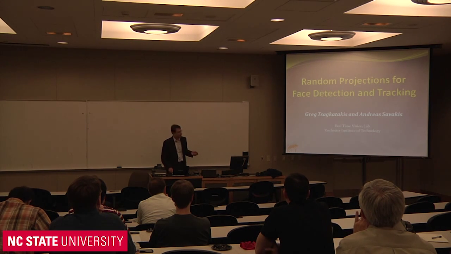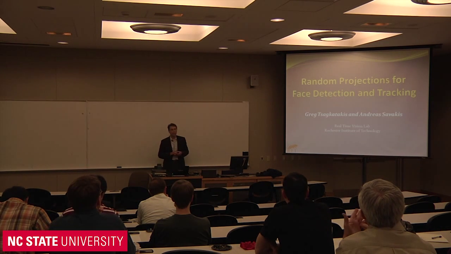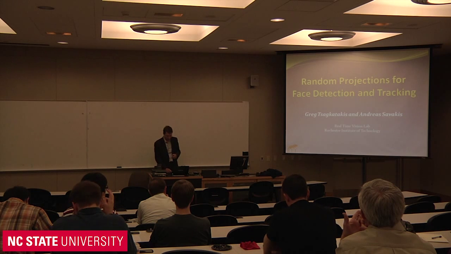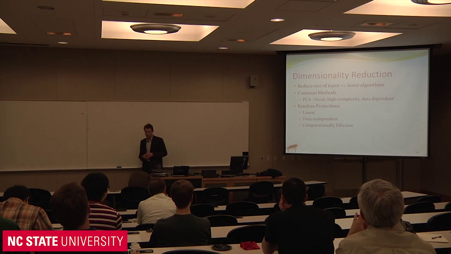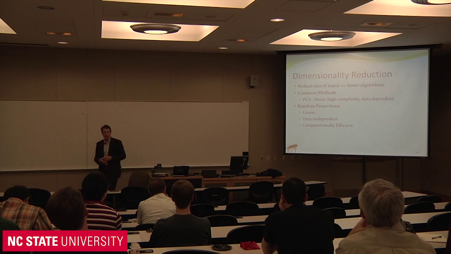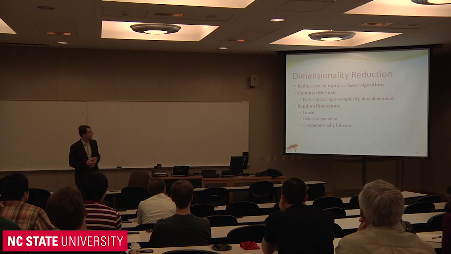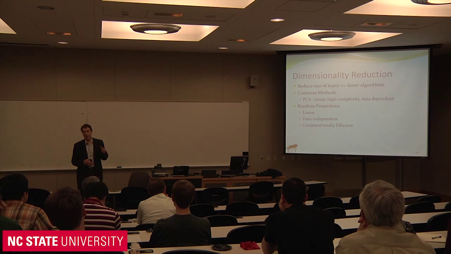Another thing we have done is random projections, and we've used that for face detection and tracking. Now, random projections we can think of as a dimensionality reduction technique. It's related to a new field called compressed sensing. You may have heard of that, right?